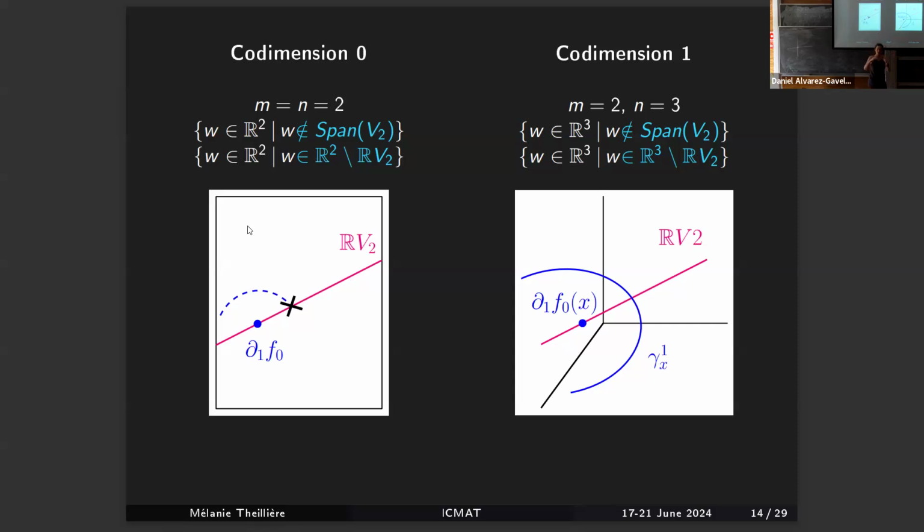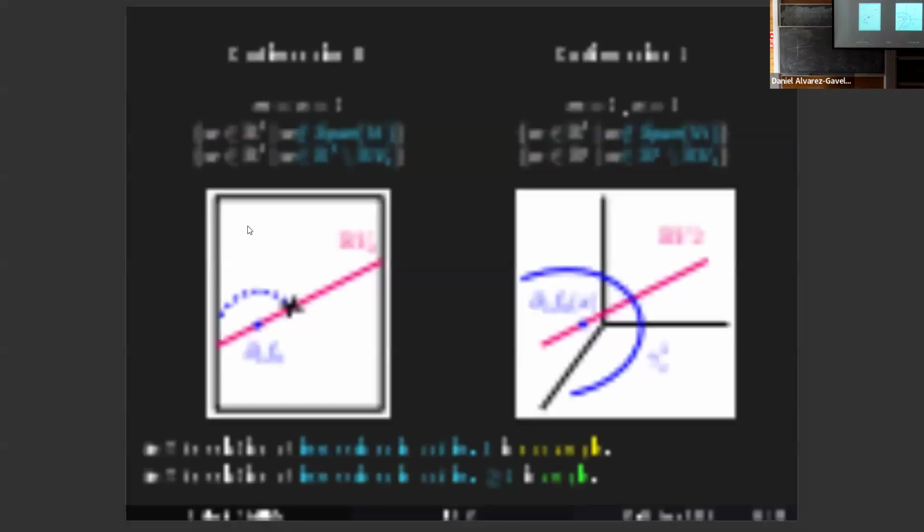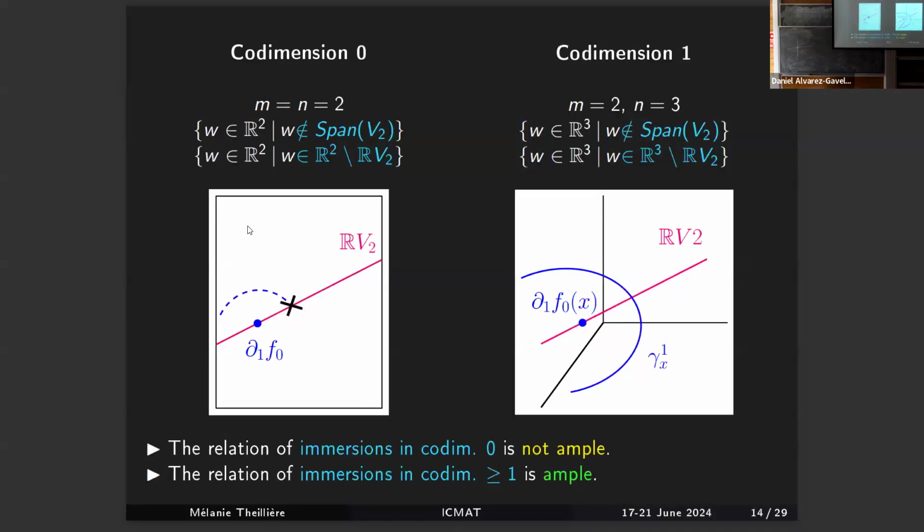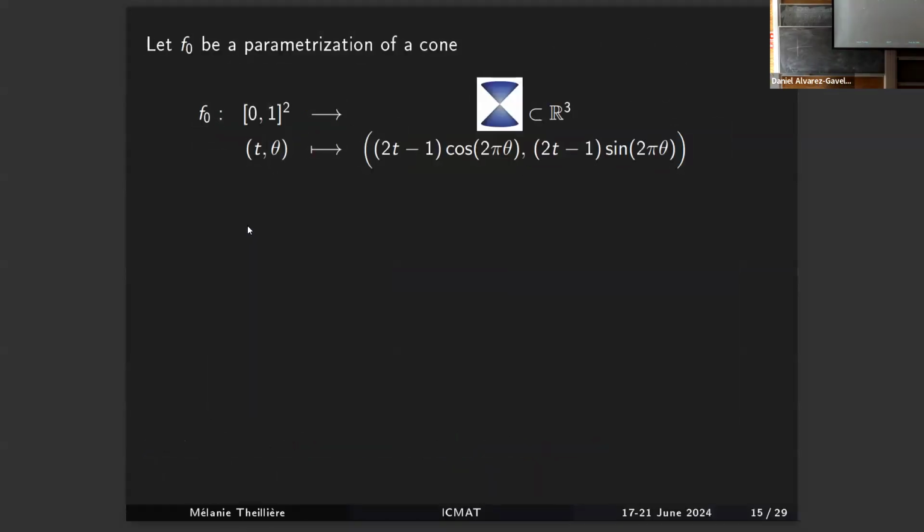And we see that, in fact, if we take the convex hull of R3 except a line, it's R3 again. It's all the space. So this is ample. This is fine for this example. And so, since it's ample, we can use the previous construction of convex integration.